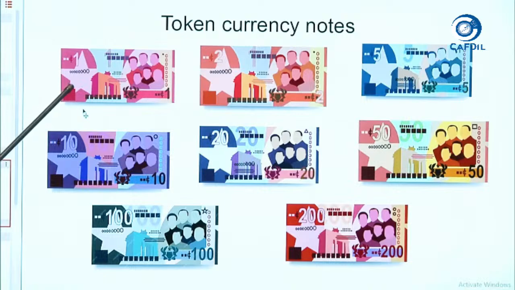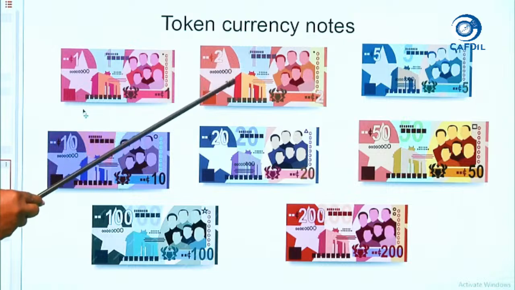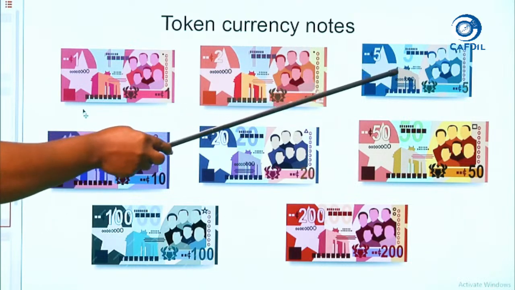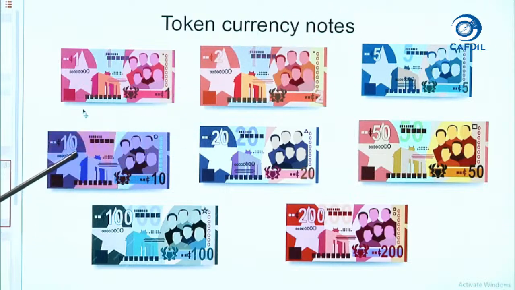I have this. Can you tell me the note, the currency? This is 1 Ghana cedi, 1 cedi. We have 1 cedi. This is our 2 cedis notes, 5 cedis, 10 cedis, 20 cedis.